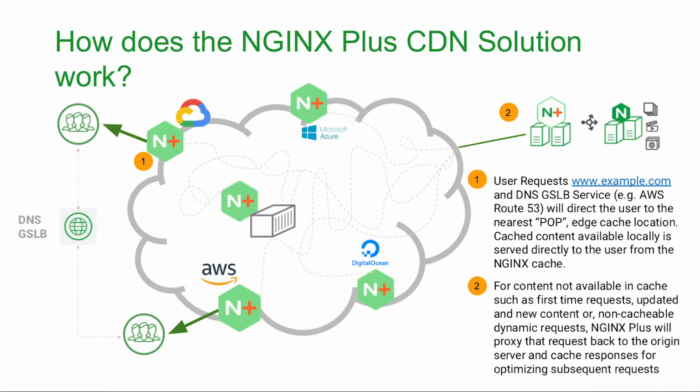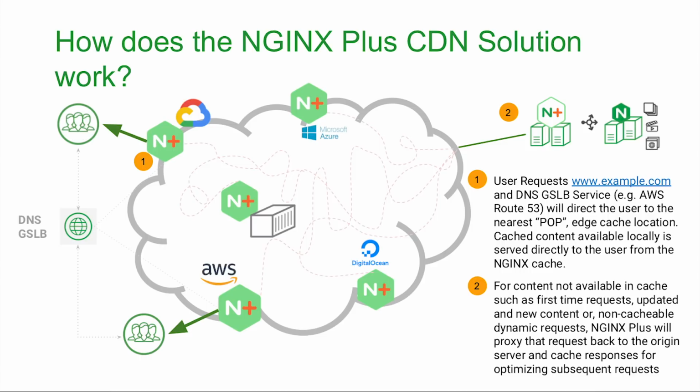And the only other essential piece in binding this all together is pairing this with some sort of GSLB service, or global server load balancing solution. Most DNS providers will provide this as a service, and most cloud providers as well.